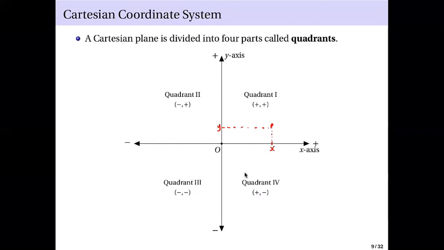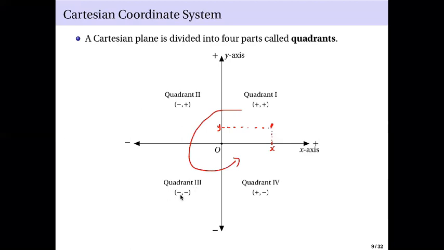Our quadrant 2 will be this one, and notice the point here has a negative x value and a positive y value. Then this one is quadrant 3, so again we are moving counterclockwise.